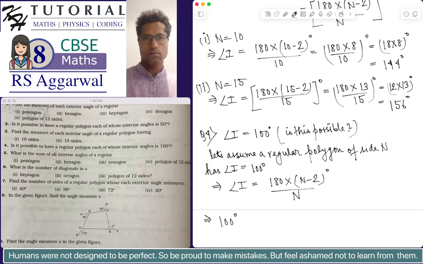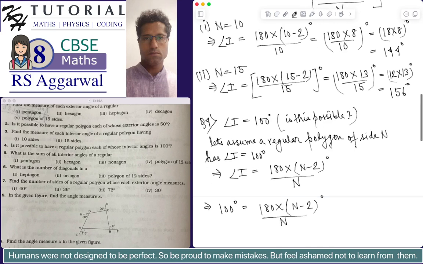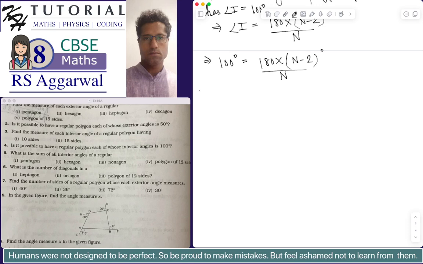So we have 100 degree is equal to 180 multiplied by (n minus 2) divided by n degree. If we now ignore the degree, we get a linear equation in n, that is 100 is equal to 180 (n minus 2) divided by n.